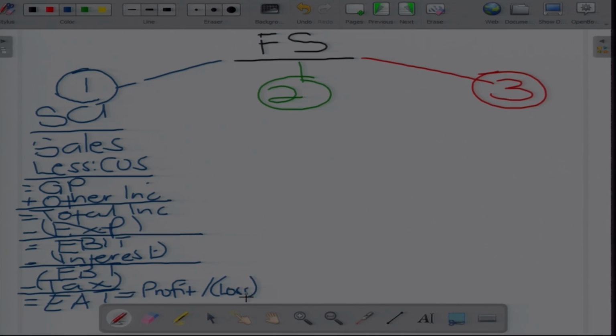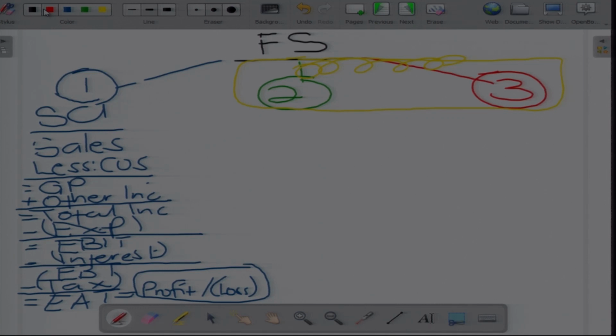Now, I would suggest to do this first, right? Why? Because you're going to need this amount in the other statements. Now, I'm going to incorporate these two statements together. Let's incorporate. So I'm going to make this one statement. Now, what is it that you need to go and look for in the statement of comprehensive income?